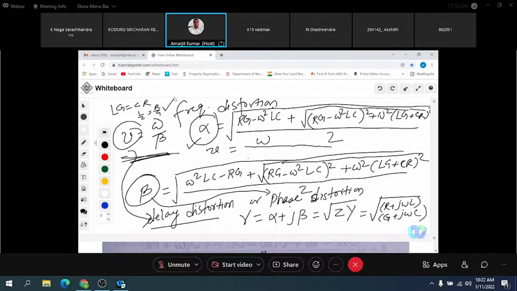Okay, but how to eliminate the frequency distortion? Because what we have done is for eliminating delay distortion. What about the frequency distortion? How can we make alpha independent of frequency? Any suggestion?